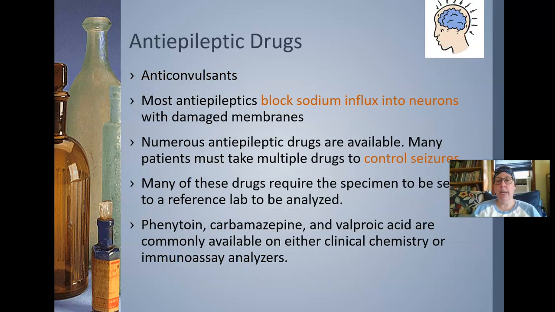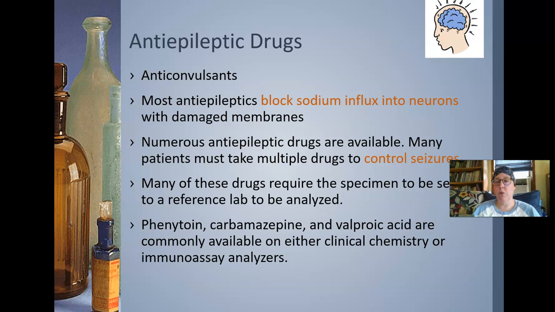All right, so moving to the anti-epileptic drugs. Those are anticonvulsants, so they are used to treat seizures. Most anti-epileptics block sodium influx into the neurons, the neurons that have damaged membranes. Numerous anti-epileptic drugs are available, and many patients have to take multiple drugs to control their seizures.